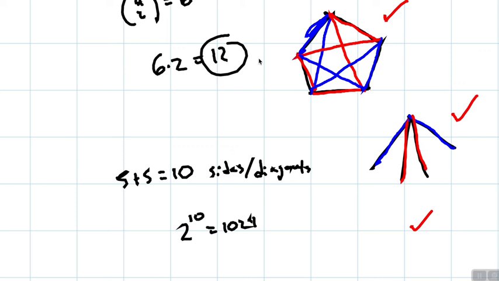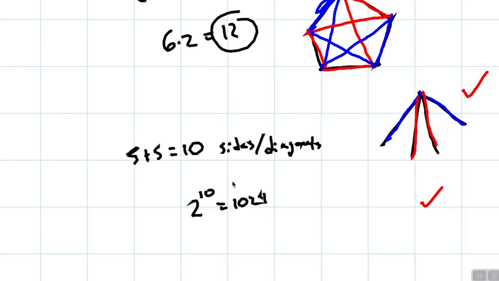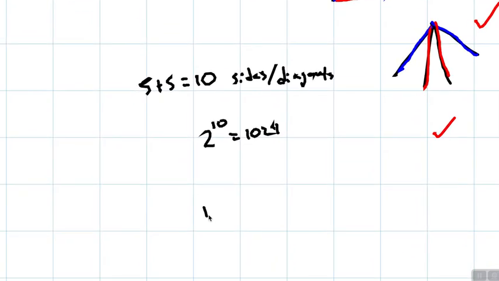And since there are 12 ways to color it such that none of the triangles are the same color, that means that there are 1024 minus 12, which is 1012 ways to color the regular pentagon such that we have at least one triangle that's the same color.